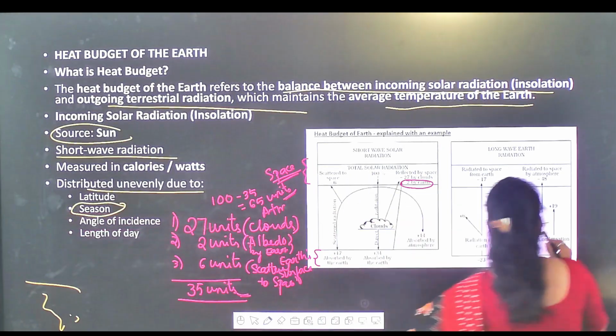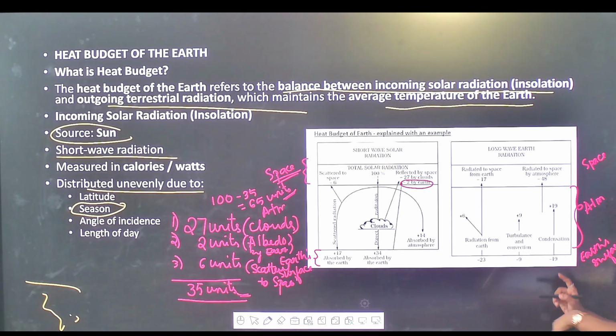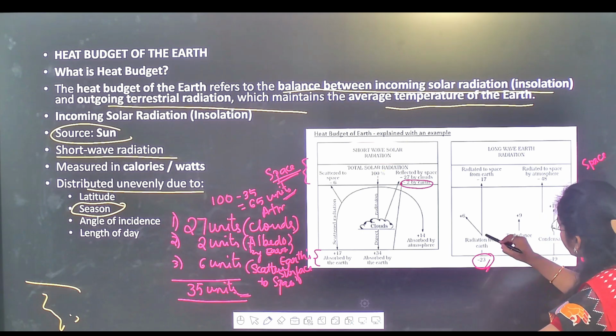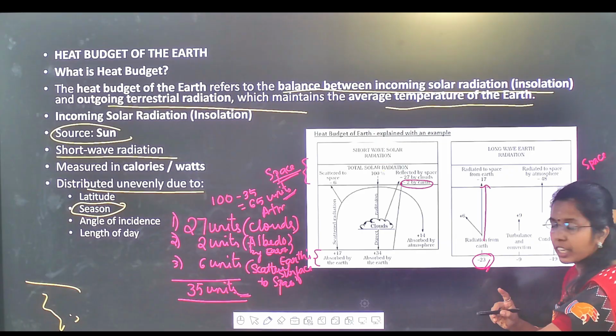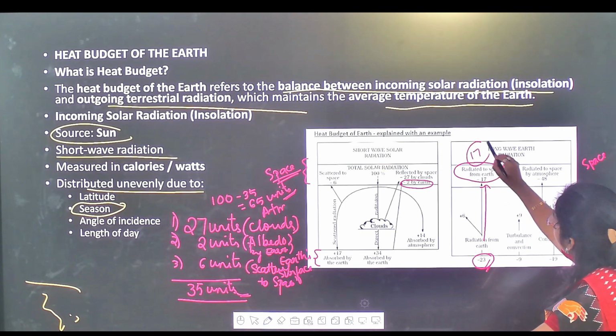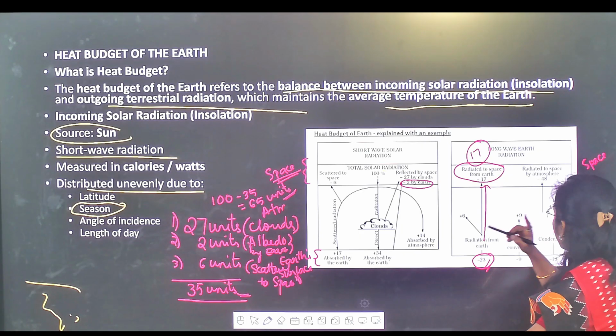Here, again this is atmosphere, space, earth surface, you have to remember. Now radiation from earth 23 units. Out of this 23 units, 17 units are directly radiated to space.